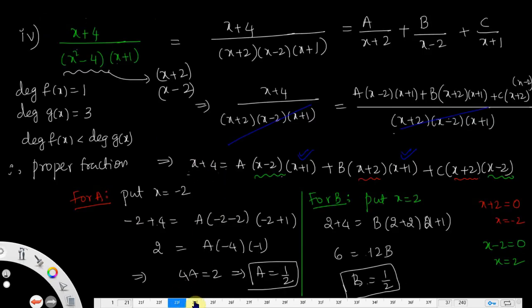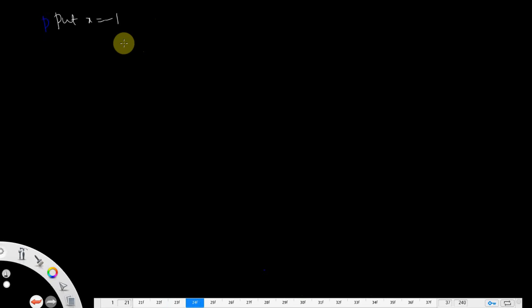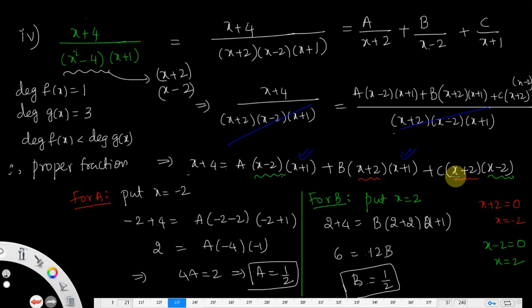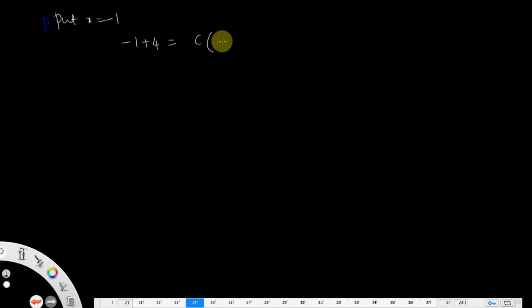So minus 1 plus 4 is equal to c into, what are the factors we have? x plus 2 and x minus 2, that means minus 1 plus 2 into minus 1 minus 2. So that is 3 equal to minus 3c. Then c equal to minus 1.